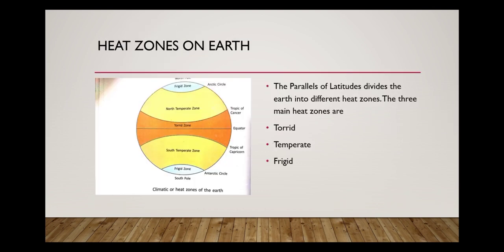Children, the earth is the only planet in the solar system that supports life because it has air, water and soil, and it also gets the right amount of sunlight, so the temperature here on earth is perfect for water to be present in the liquid form.